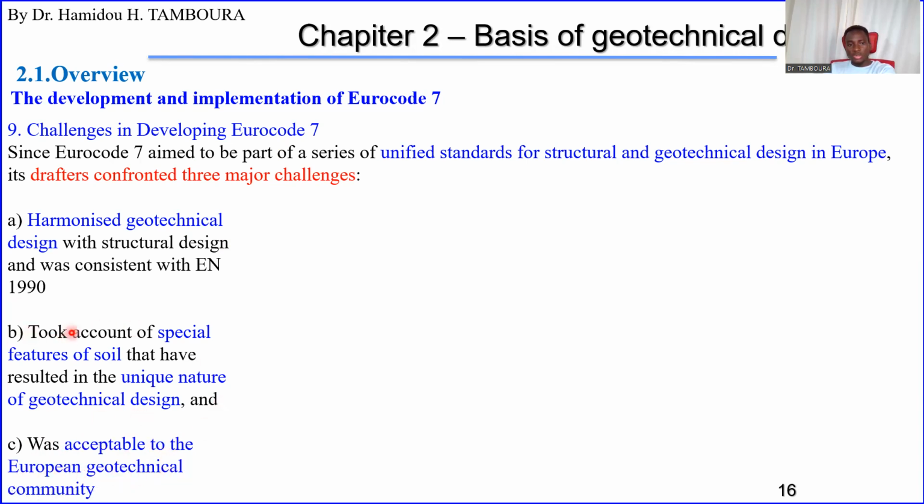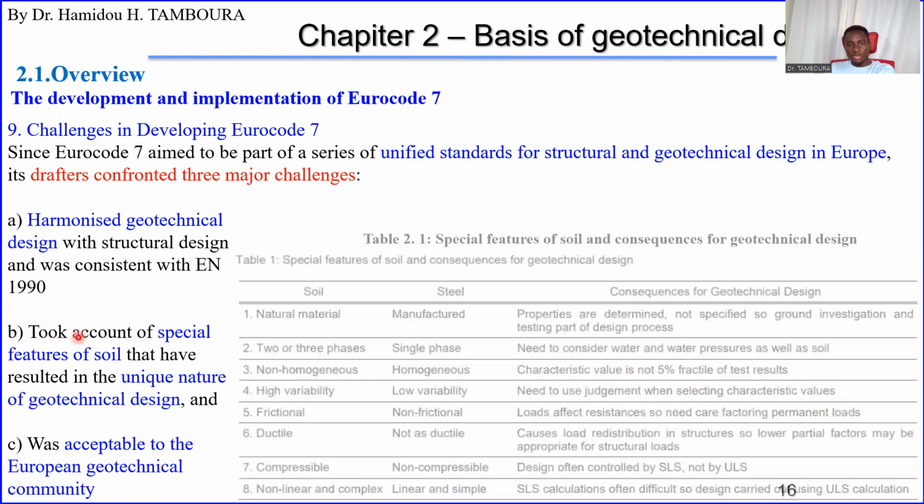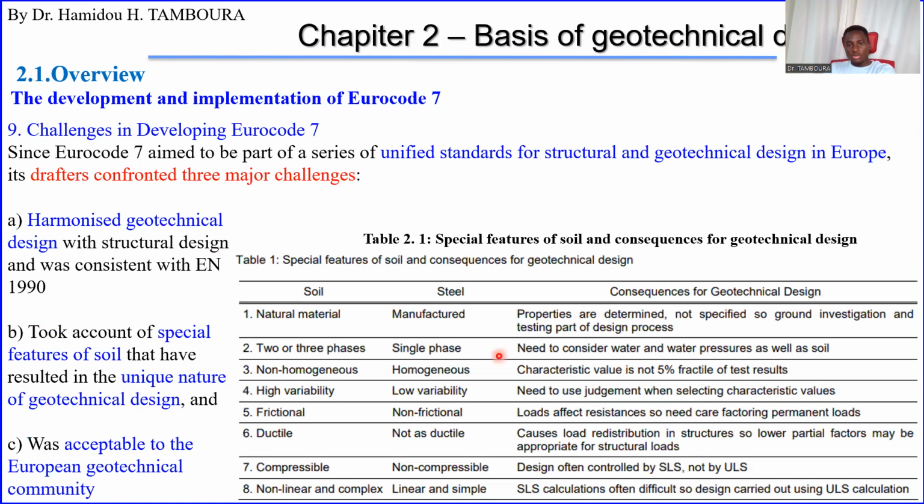About the number 2, this table shows, for example, the big difference between soil and steel, because they wanted to take account of the specific parameters of soil. Soil is a natural material, but steel is a material that we can manufacture.